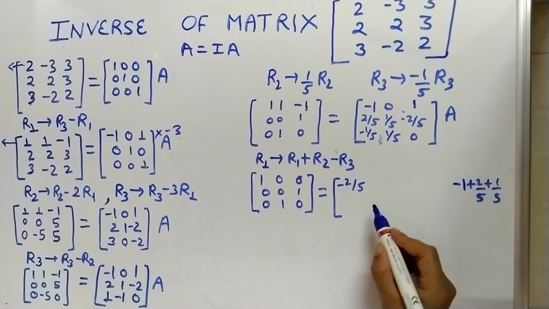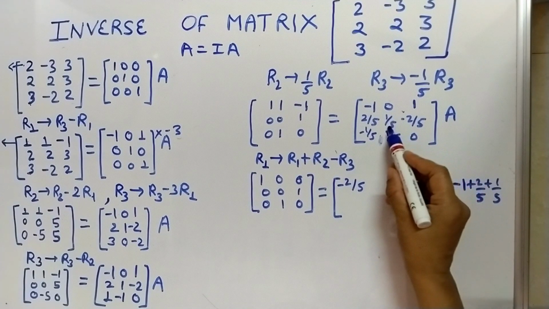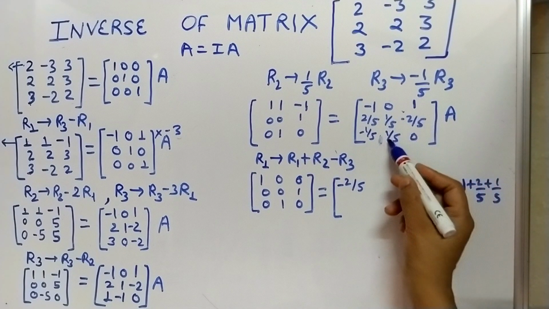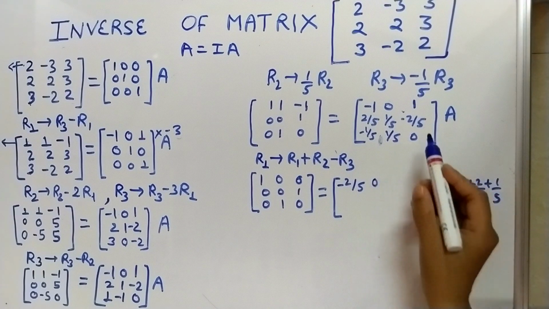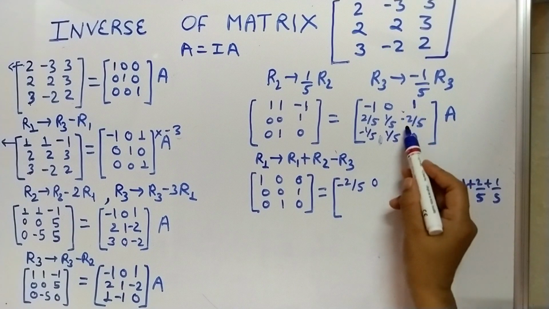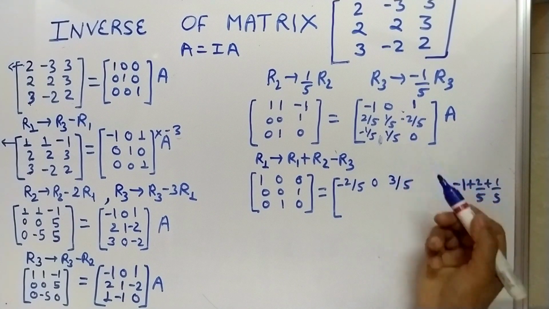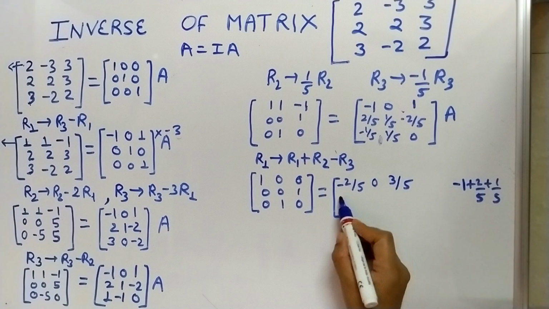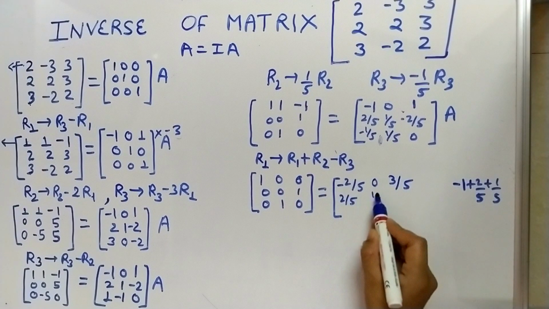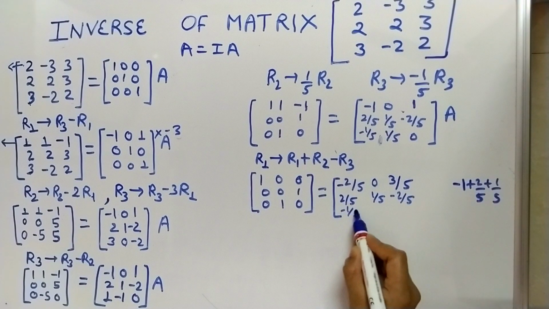Then next one, we have 0. 0 plus 1 by 5, 1 by 5 minus 1 by 5, 0. 1 minus 2 by 5, it will be 3 by 5, and minus 0, this only you will get. No change in the second row and no change in the third row. So these terms will come as it is.